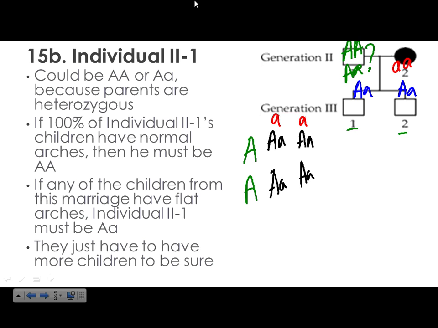If the man was big A little a, we already know that mom is little a. So if that were the case, we would see on average 50% of their children with normal arches and 50% with flat feet. So maybe child 3 has flat feet. Maybe child 3 has normal feet and we don't learn anything.